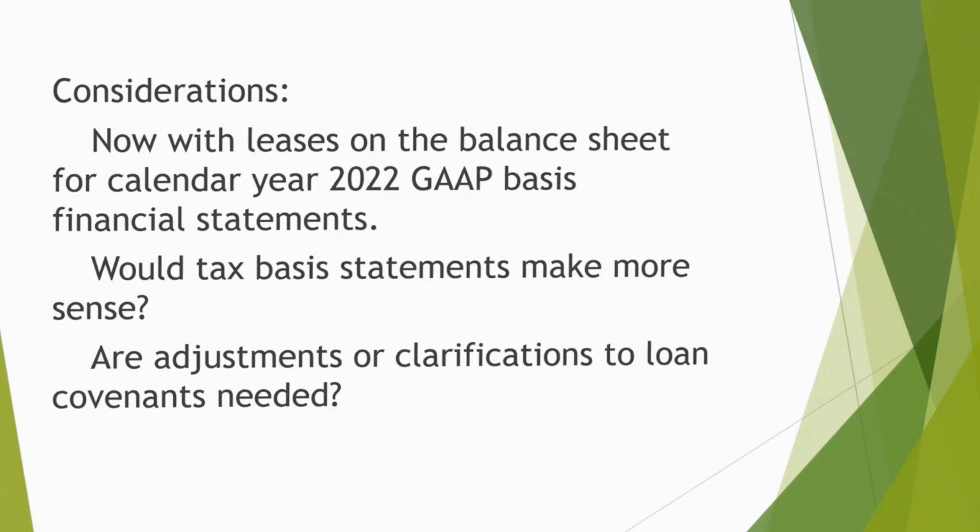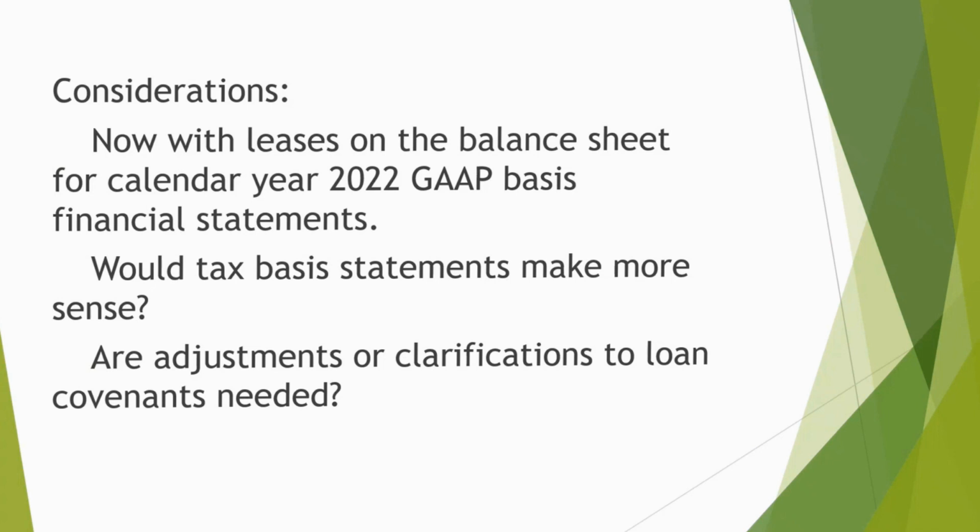Some considerations, again, now with the leases on the balance sheet for calendar 2022 GAAP statements, would it make more sense to get income tax-basis statements? When you get tax-basis statements, if the tax return is prepared on an accrual basis, so you still have AP and AR, there's really not going to be a big difference between what you would have seen on the prior GAAP statements and what you would on the tax basis statements.